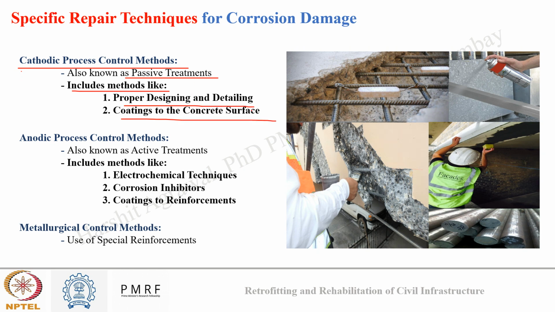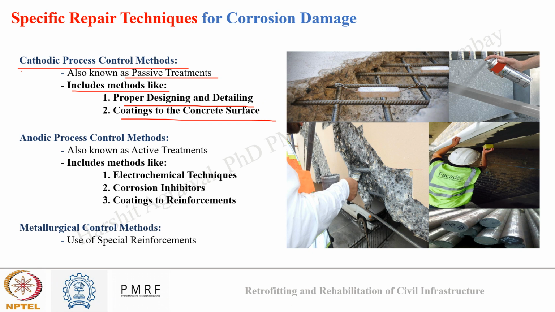So by proper designing and detailing, we mean I will decrease the porosity in my concrete, or I will use supplementary cementitious material which will form a more dense concrete, which will reduce the rate of ingress of ions to the concrete. If the rate of ingress of oxygen will reduce, the rate of corrosion will reduce, because corrosion is a combination of both anodic and the cathodic reaction.